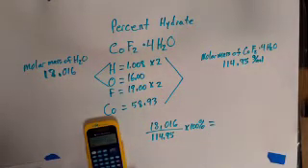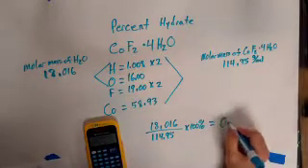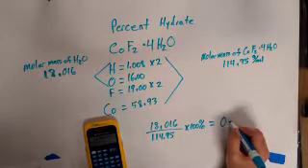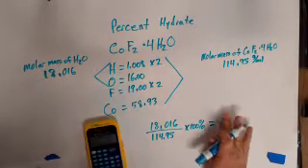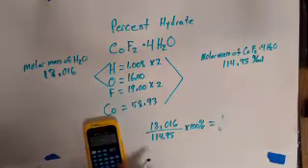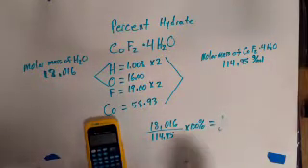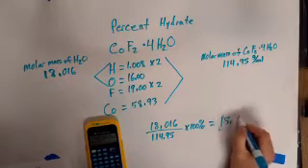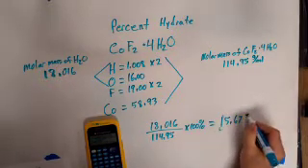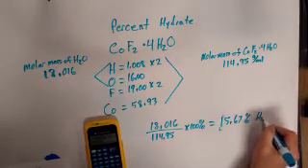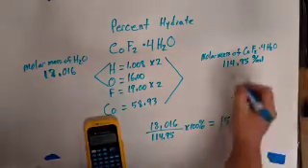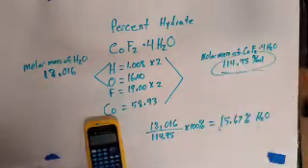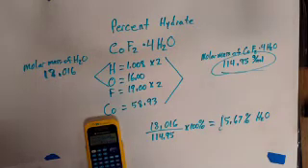So 18.016 divided by 114.95, and that gives us... wait, I forgot to multiply by 100. So that gives us 15.67% H2O. So of this mass, 15% is H2O.